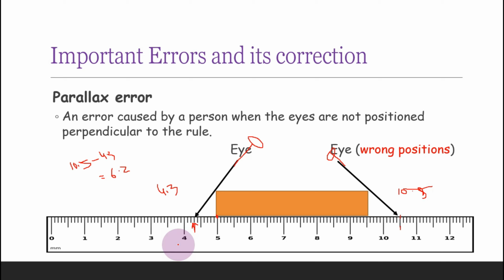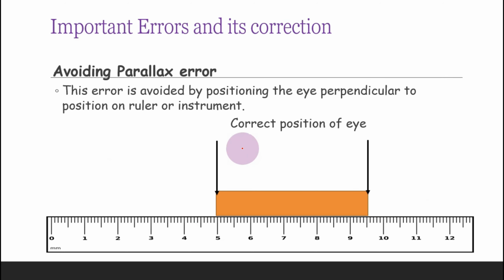But how is this error caused? It is caused due to the wrong position of your eye. If you correctly align your position perpendicularly or normally to the site on the scale where the reading needs to be taken, then what will the correct answer be?